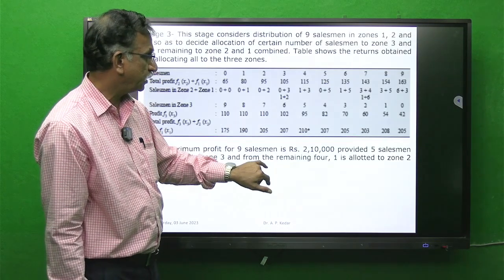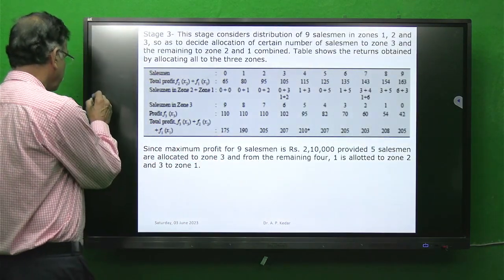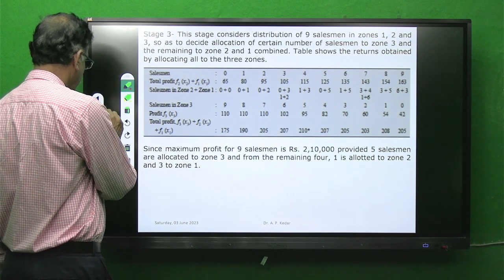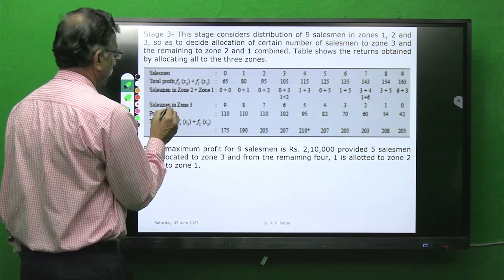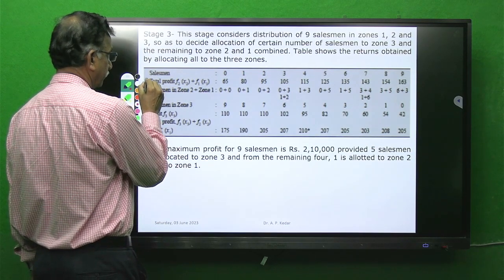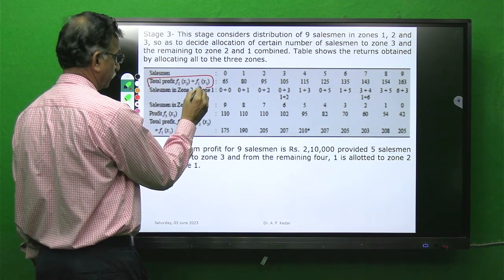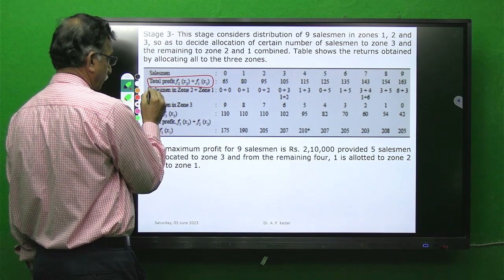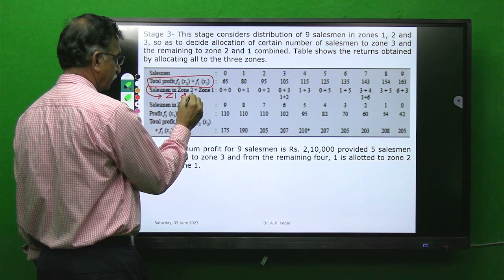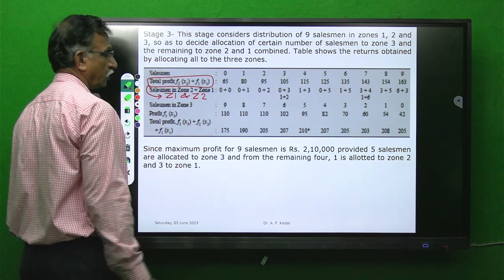So what is done in the next table is, see here, very important, this is the total profit which you get by the addition of zone 1 and zone 2.